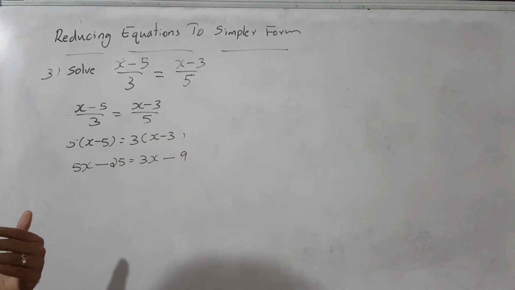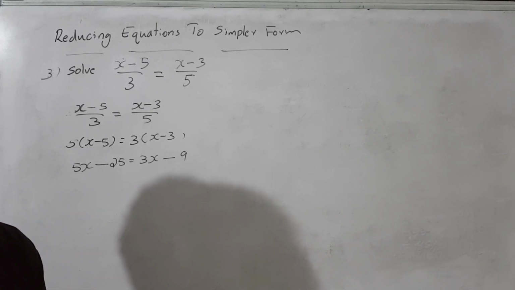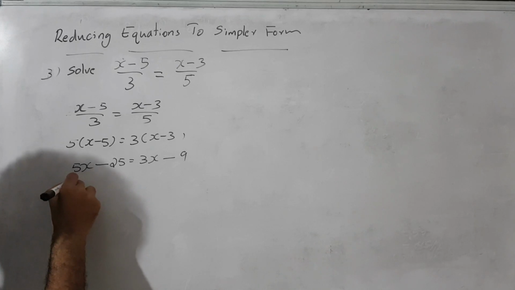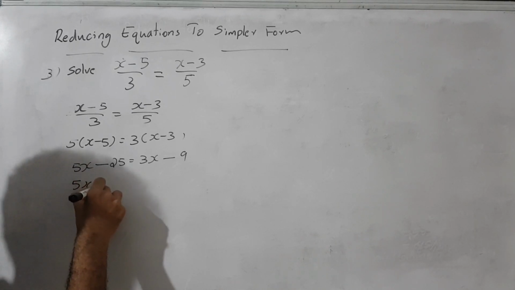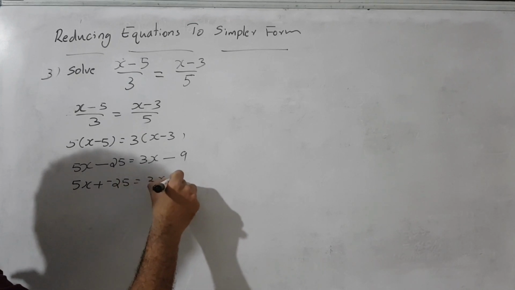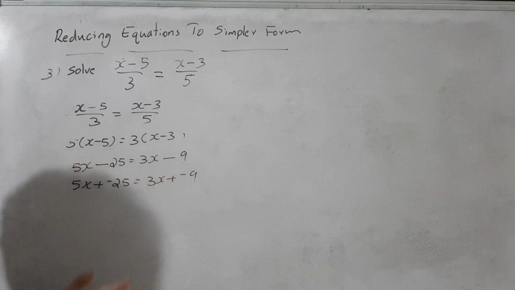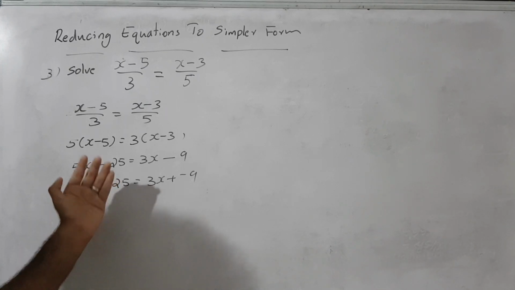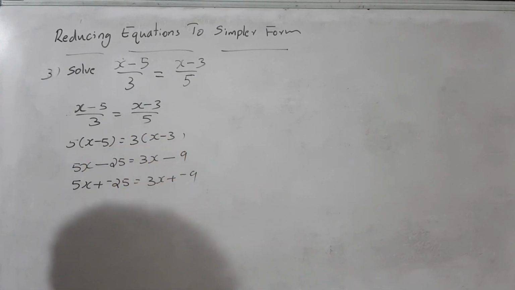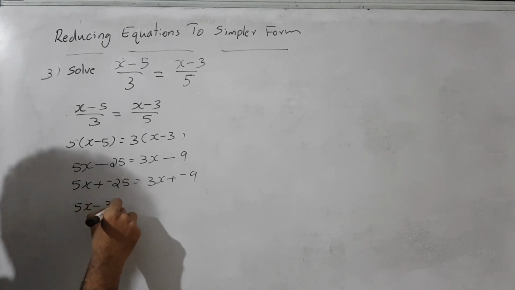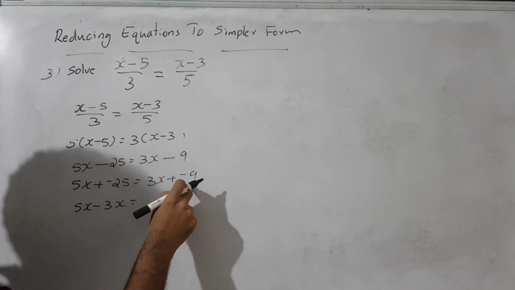Then we take the numbers on one side and the variable-containing terms on the other side. Before that I write it like this: 5x plus minus 25 is equal to 3x plus minus 9. Next I transpose 3x to the side of 5x and minus 25 to the side of minus 9. So 5x minus 3x is equal to, what is remaining here?